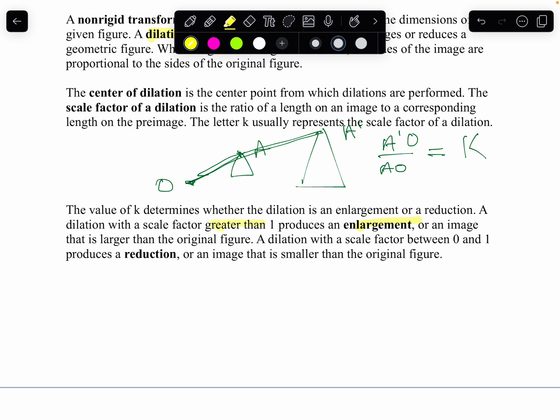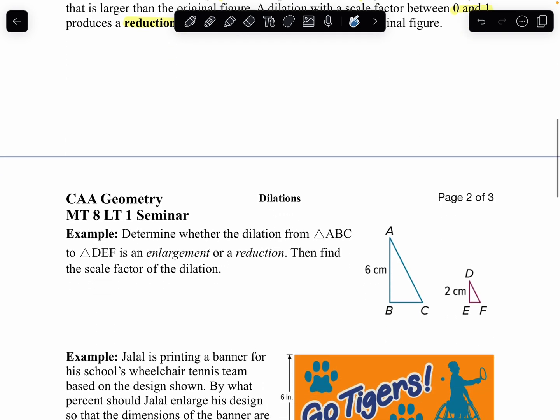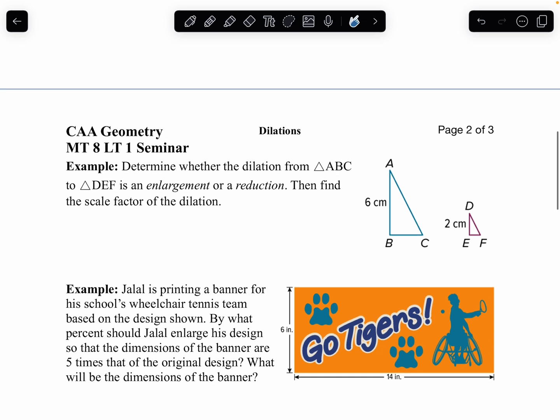A K greater than 1 is going to be an enlargement. Now, if we go between 0 and 1, that's going to be a reduction, because all scale factors are going to be positive numbers. If it was negative, we'd be going in the opposite direction, and we're not going to do that yet.